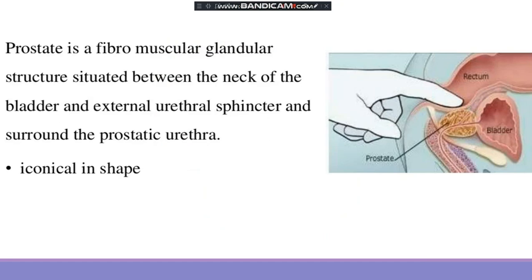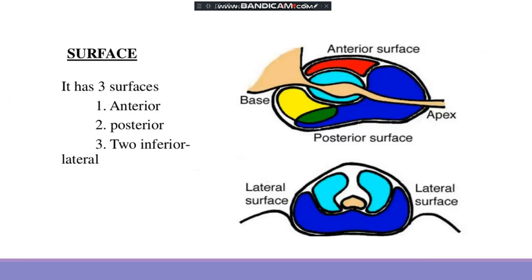The prostate is a fibromuscular glandular structure situated between the neck of the bladder and the external urethral sphincter, and it surrounds the prostatic urethra. It is conical in shape, with three surfaces: anterior, posterior, and two inferolateral surfaces. This is just to understand the basic anatomy of the prostate, so that you can understand the management and surgery more easily.